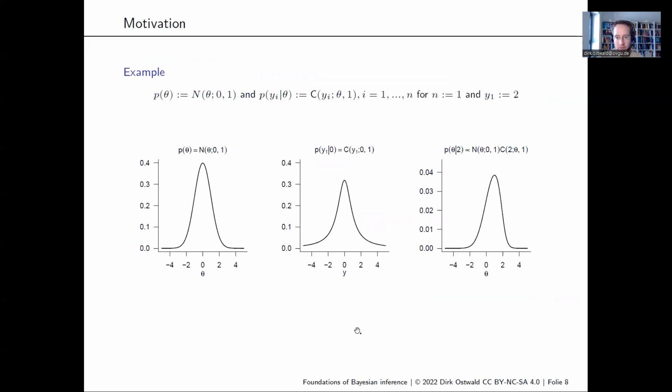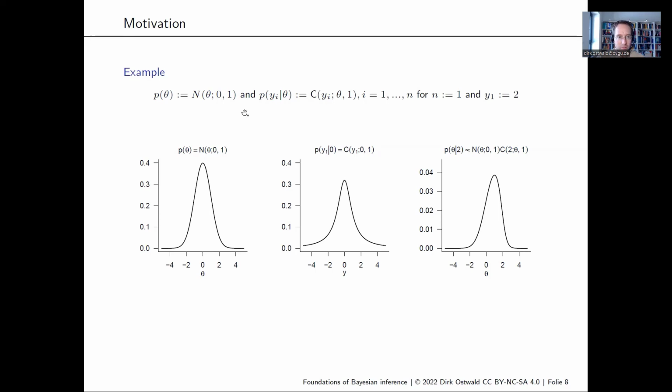So the thing that I meant earlier in terms of the proportionality, you can find the functional form of the posterior that's also visualized here. Here we have the prior, that was Gaussian. We have one observation that was Cauchy distributed, and you can of course write down the posterior probability density and evaluate it using R in this case, and plot it. And you see essentially what's going on.